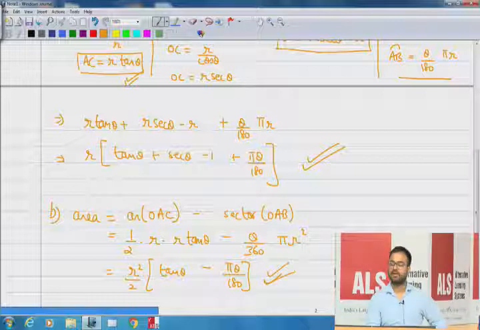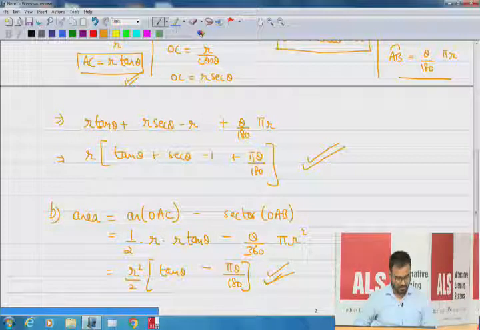Any doubt in this one? And if you have any doubt from any of the topics which we have discussed in the last class, please ask. Sisipur, Senapati, Tetso, Shillong. Any doubt you are having, please ask.